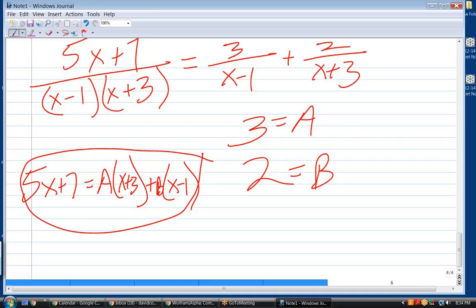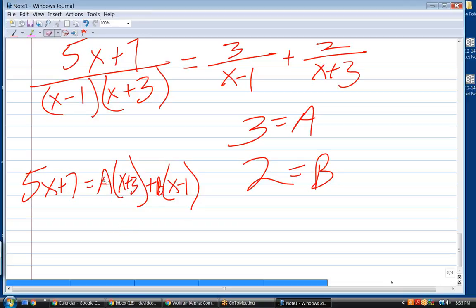Okay? It's a little tricky. If you're going to have these on a test, I would definitely recommend you try one more on your own. Try to find one and do it. This is the only math problem I can think of that uses this technique, where you find an x that makes one of these variables disappear, and that way it allows you to solve the equation for the other variable.